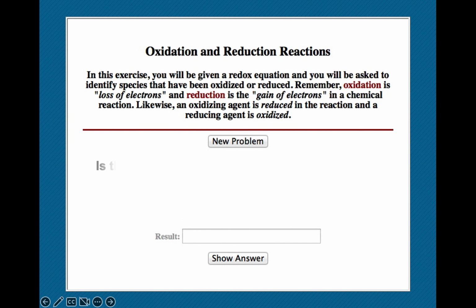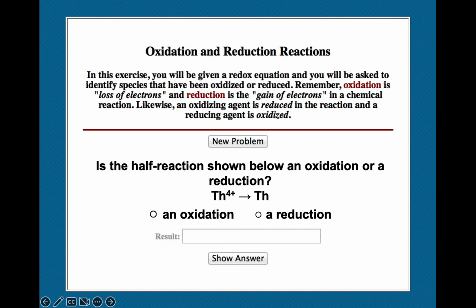Here's one that's really simple. Thorium plus 4 to thorium. Well, the oxidation number here is the same as the charge, plus 4. Thorium's an element. It's a 0.